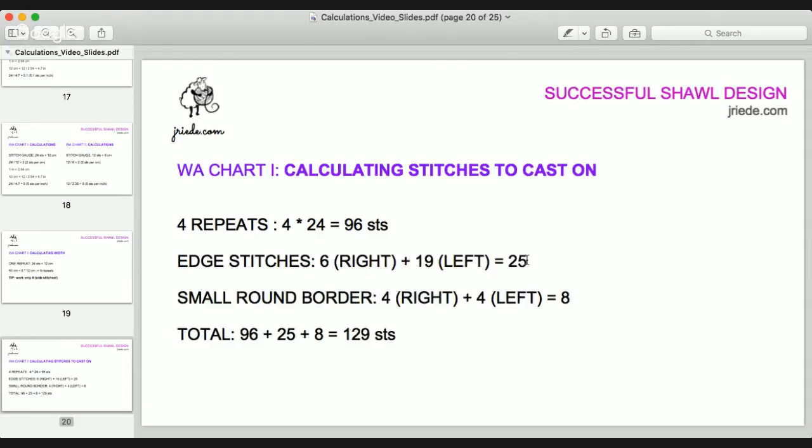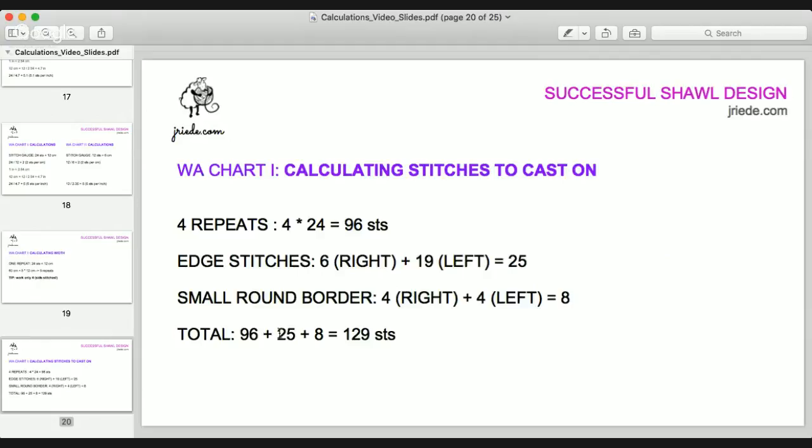Otherwise, we would just have our stitches for the stitch pattern repeat and not for the other stitches. But we need our side stitches to work our shawl. And we got our small round border, which is 4 stitches on the right and 4 stitches on the left, which totals an additional 8 stitches we need to cast on. So in total, we have our 96 stitches from our 4 repeats of this section outlined in black.